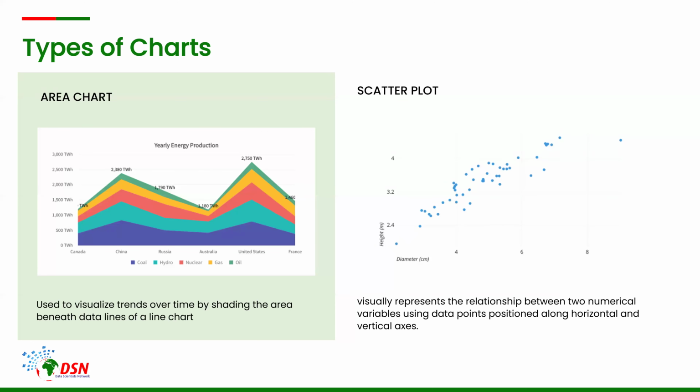From this visualization, I can see that coal has the smallest, followed by hydro. So that is what an area chart does.